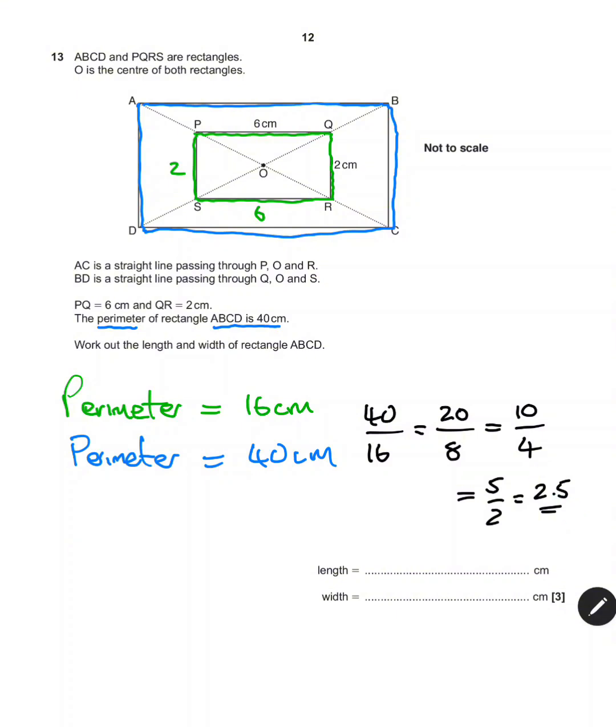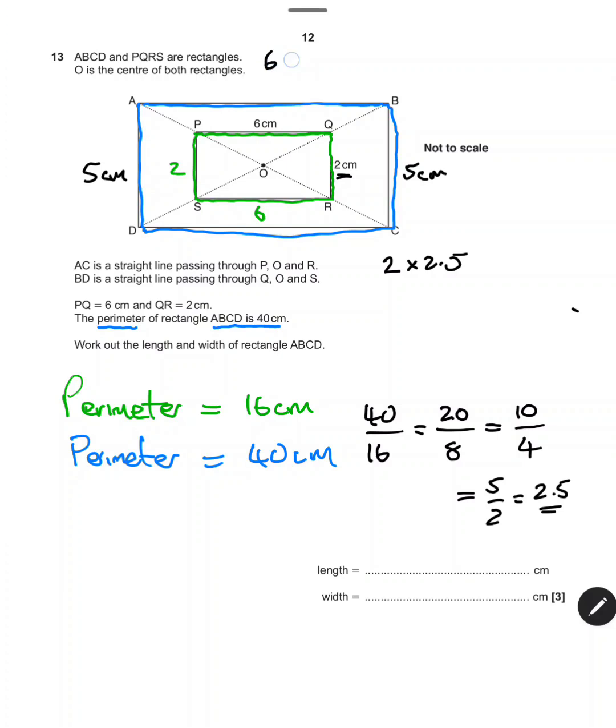So what I can do is apply that scale factor to each side. If we just look at this, if I do 2 times 2.5, use money if you're unsure with your decimals, 2 times £2.50 would be 5. So if this is 5, this is 5. And then we can apply the same to this. We've got 6 on this green rectangle.